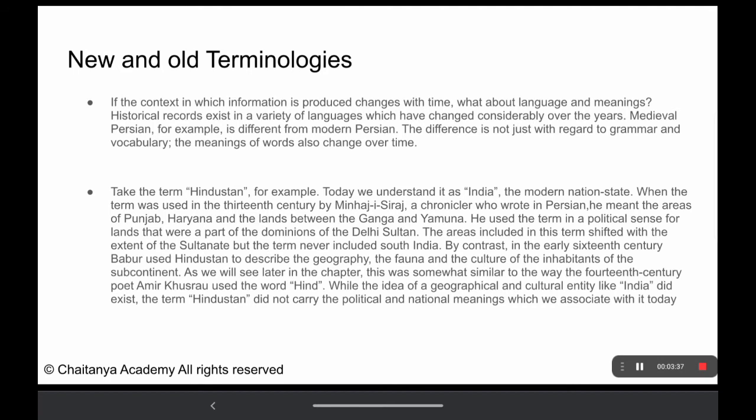Take the term Hindustan, for example. Today we understand it as India, the modern nation state. When the term was used in the 13th century by Minhaj-i-Siraj, a chronicler who wrote in Persian, he meant the areas of Punjab, Haryana, and the lands between the Ganga and Yamuna.